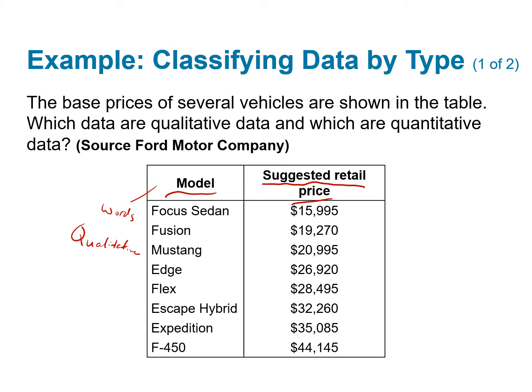So the different values it takes on are monetary values, so $15,995, $19,270, and so on down. So looking at that, these are numbers or quantities. So because they are quantities, this is a quantitative variable.